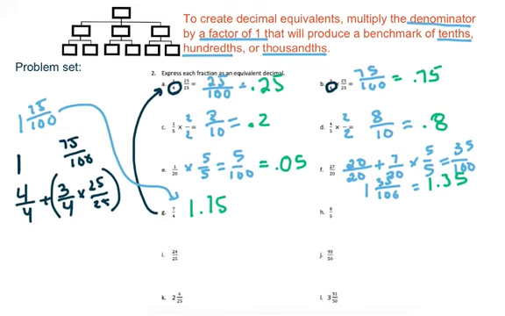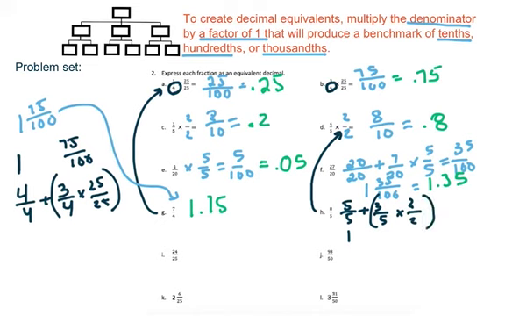All right, so now I have 8/5, letter H. For fifths, we multiply by 2 over 2. It's already 8/5, so 8/5 was really 5/5 plus 3/5. And I know that 5/5 would be 1.